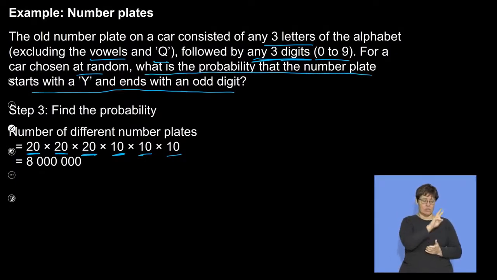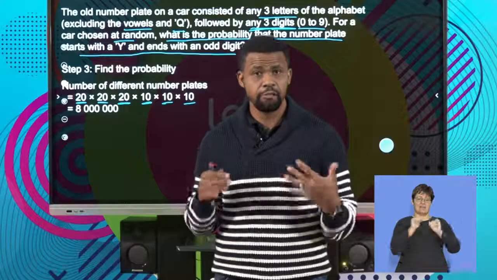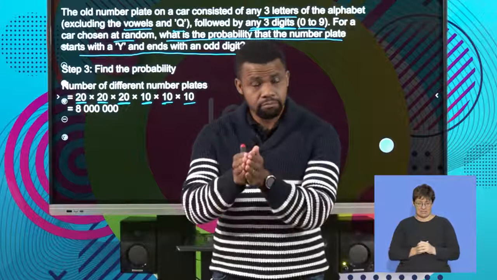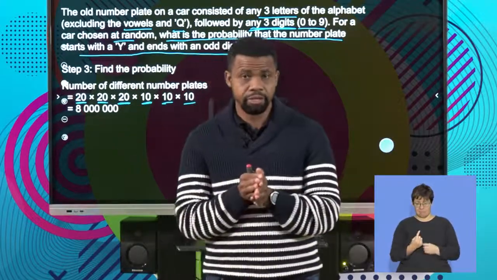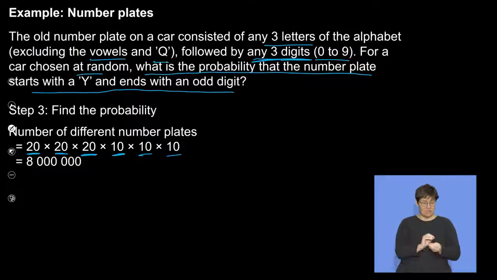Because we have 20 letters we can choose, another 20 for the second position, another 20 for the third position. And for numbers, we have 10 times 10 times 10. Are we together? And if we multiply this, what do we get? We get 8 million number plates. Then, is this the answer? No.